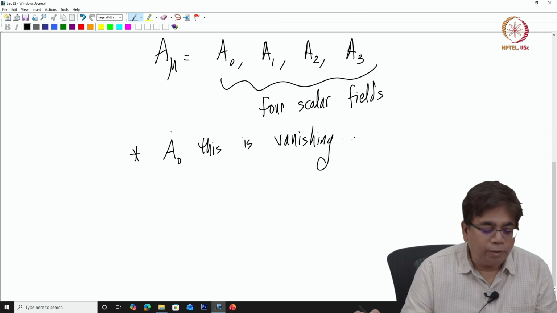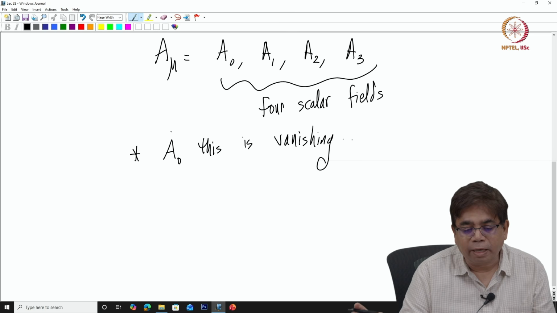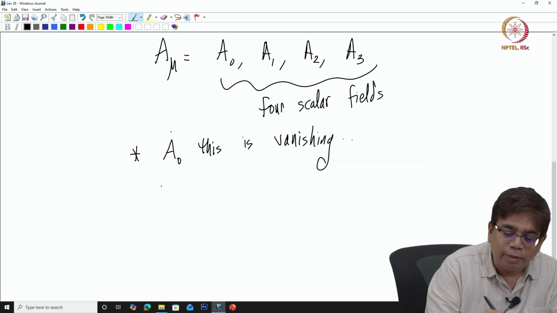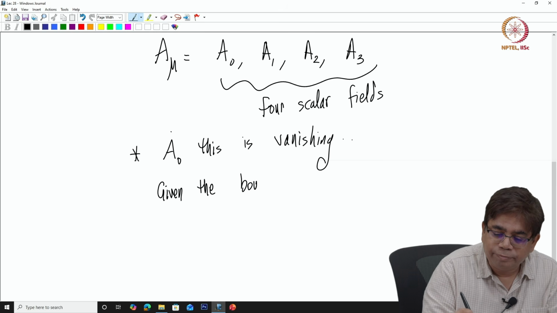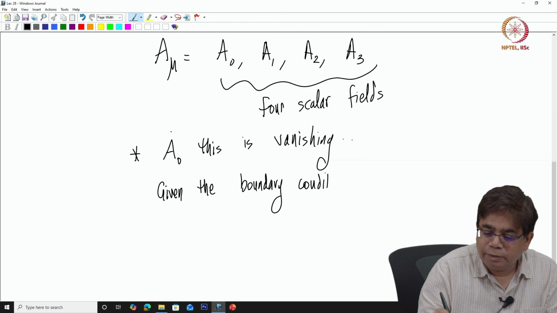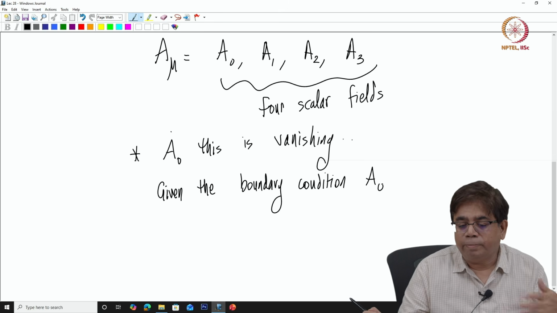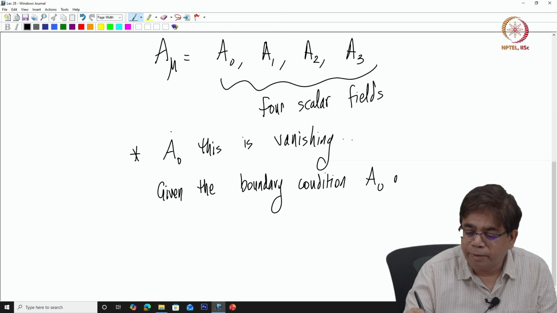So if you know A0 at any given time, given the boundary condition of A0, you can solve for A0 at any other time.